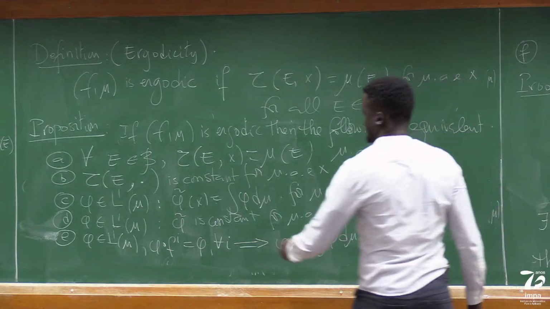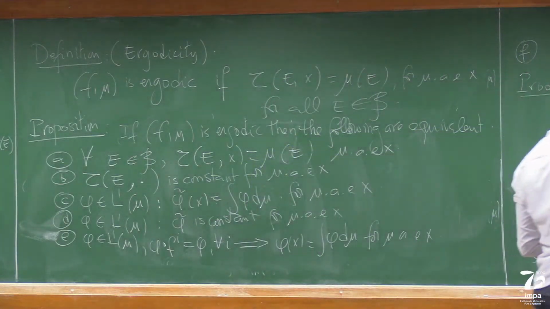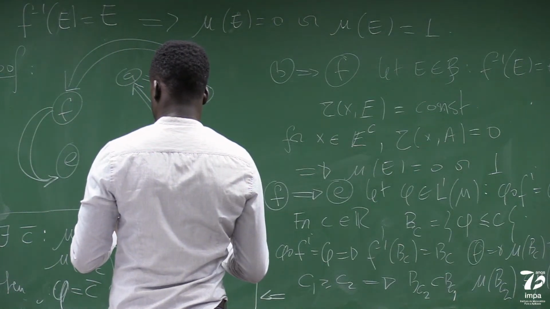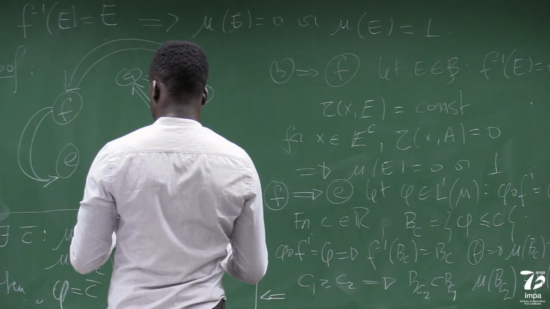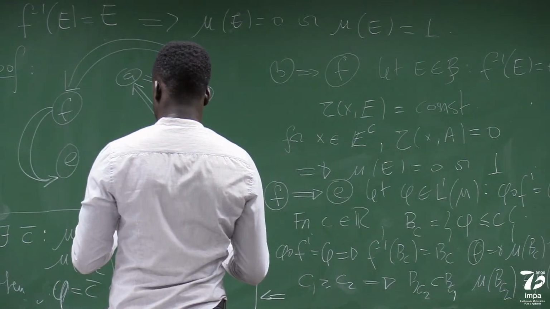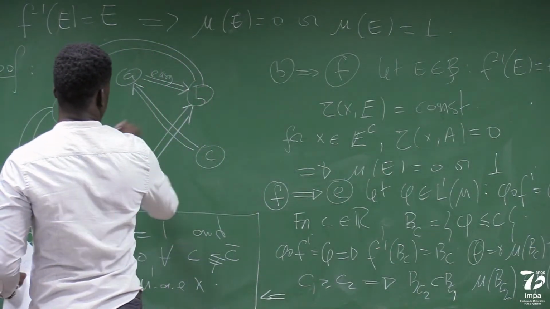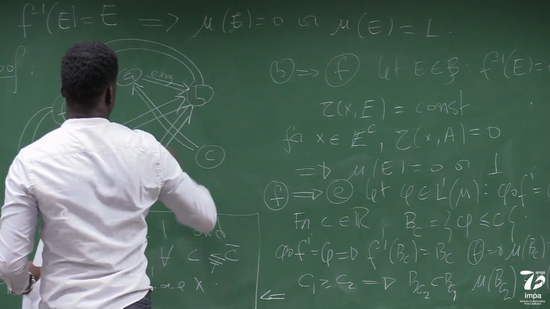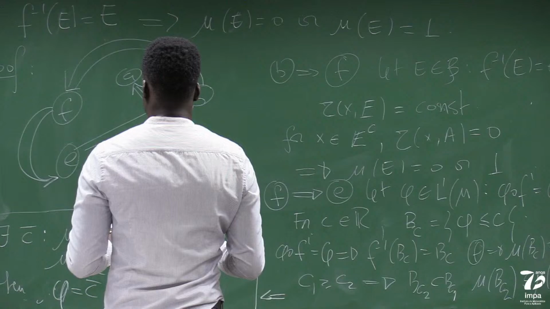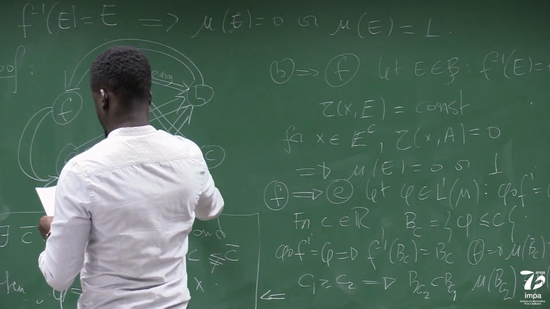So if you have the indicator function here, this will be the measure. That's also easy. You can also see that E implies B. So these two, we need more arrows on.